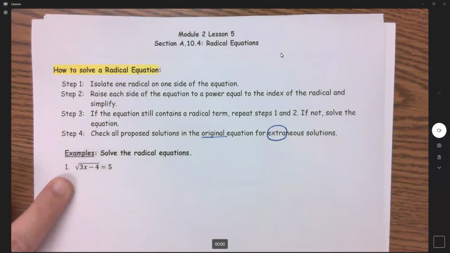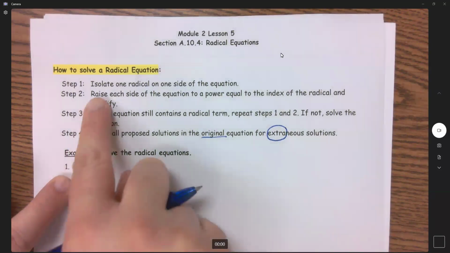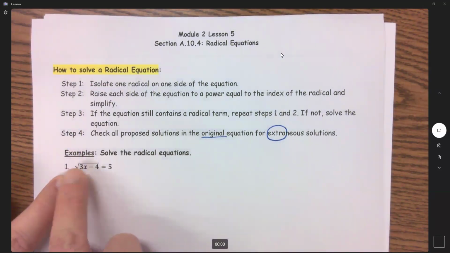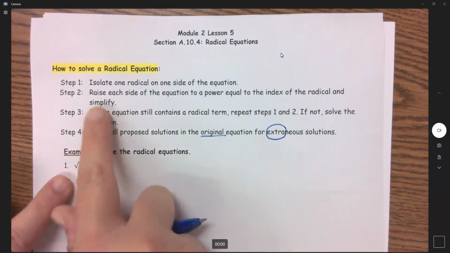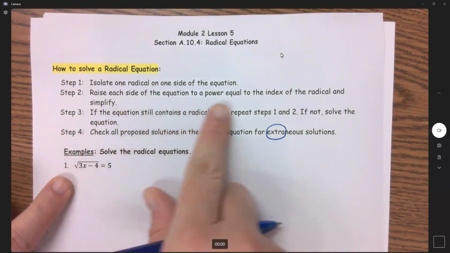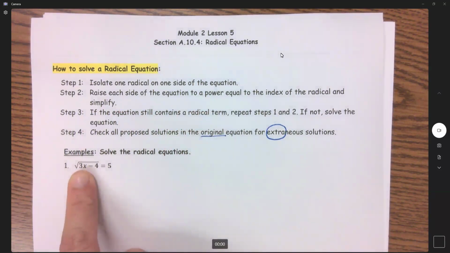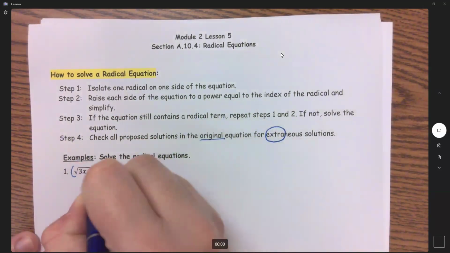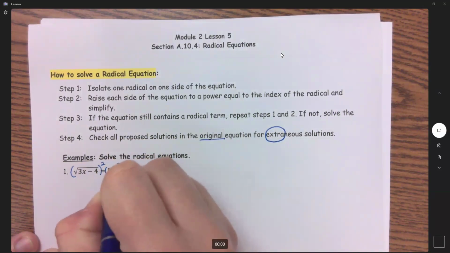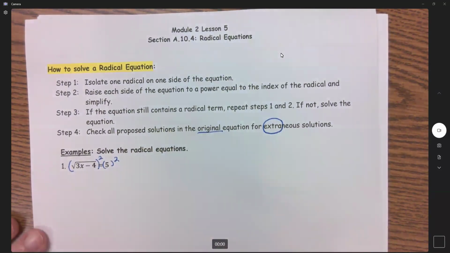Okay, so examples. Number 1, we're solving radical equations. So step 1, isolate. We already talked about that. You have just the square root. So now we're going to raise each side of the equation to the power equal to the index. Because this is a square root, we are going to square both sides.